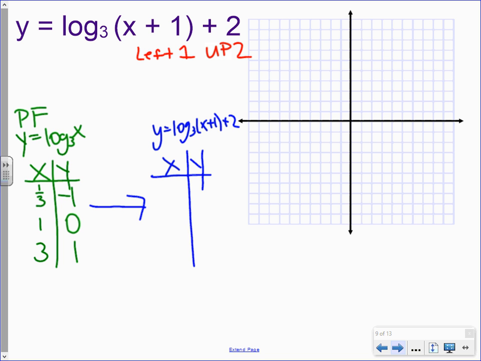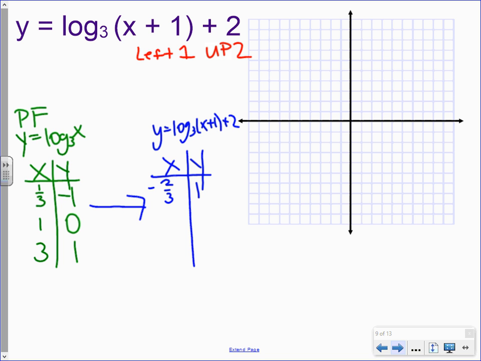Okay. If we take 1/3, negative 1, and shift it left 1 and up 2, what's our new coordinate? Negative 2/3, 1. So if we shift it left, that means we subtract 1 from the x value. If we shift up 2, that means we add 2 to the y value.